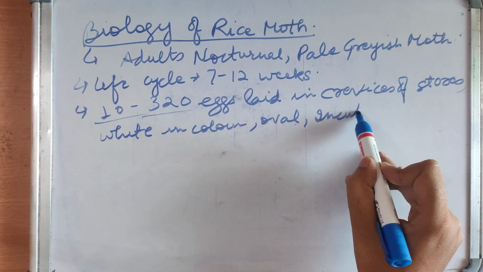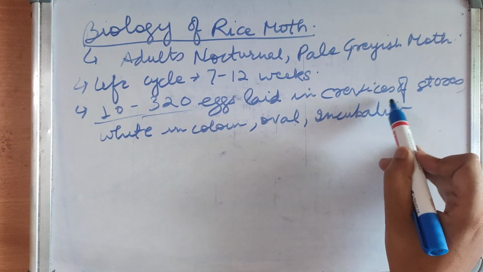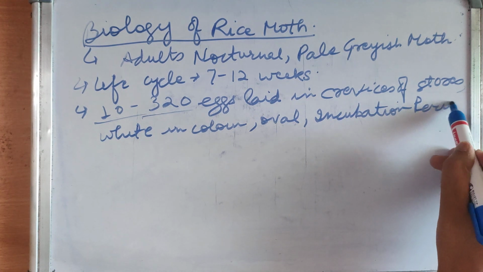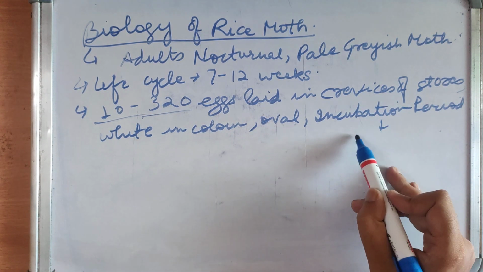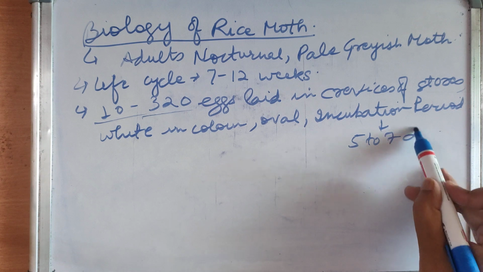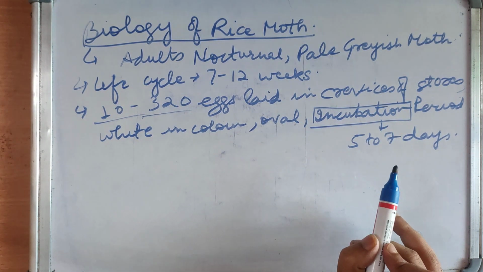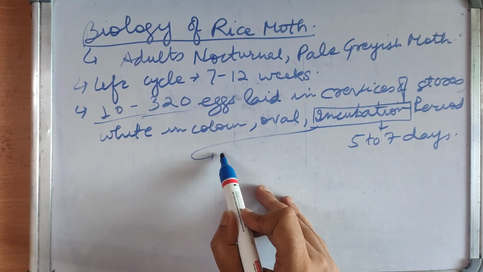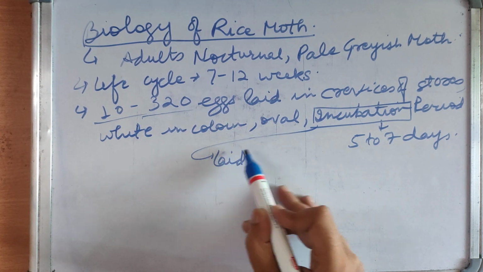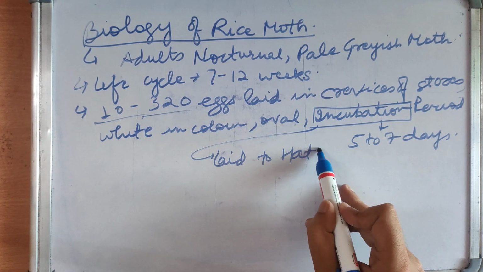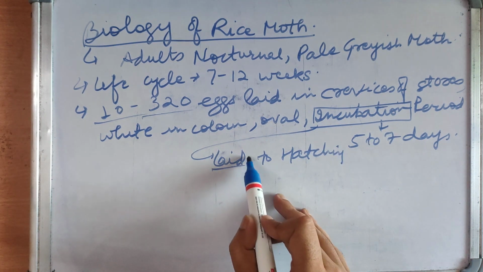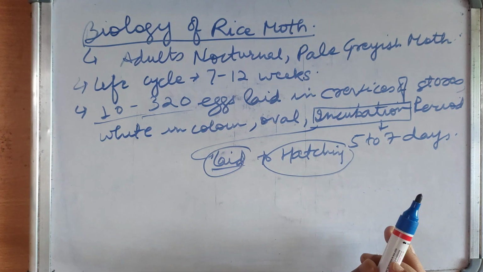Incubation period of the eggs is 5 to 7 days. So what is incubation period? The period from when the eggs are laid to their hatching is known as the incubation period.